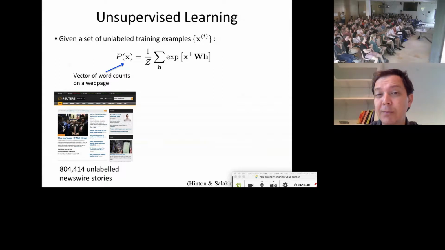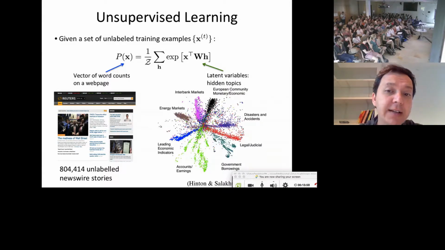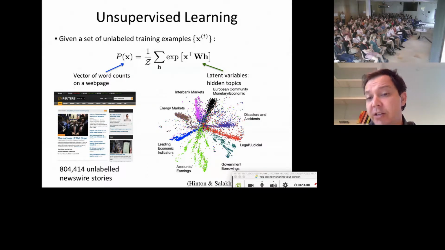Here's an example of something called the Boltzmann Machine model, where X would represent a vector of word counts of a web page. H would represent latent variables, so you can think of them as hidden topics. If you visualize what these latent variables are doing, this is the structure that the model is learning in an unsupervised way. This is done primarily for dimensionality reduction, in this case, or visualization.